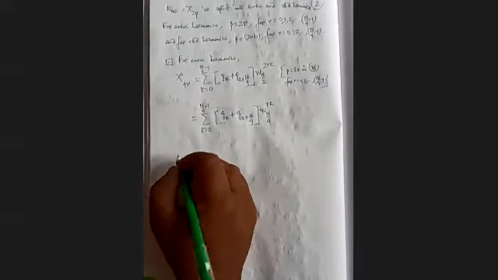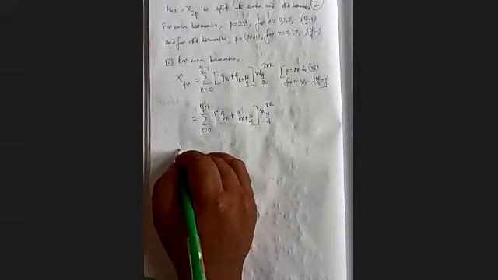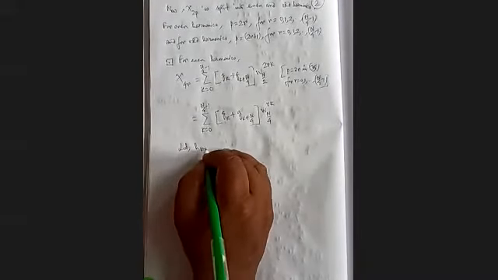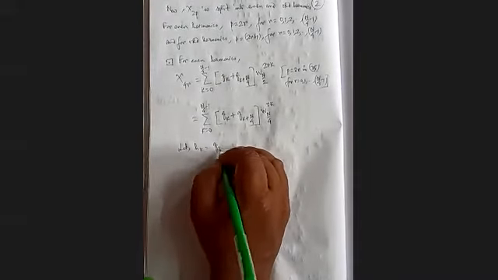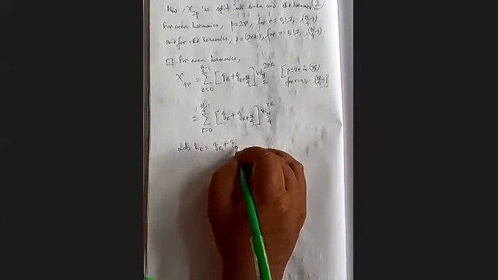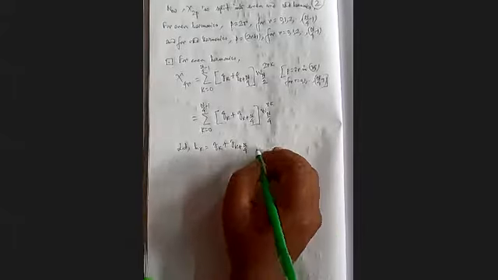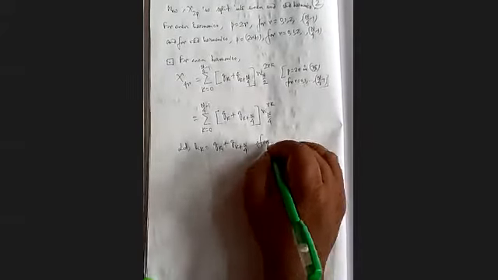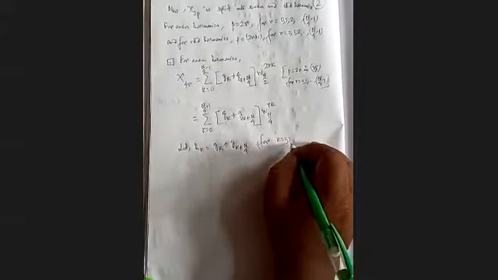Now let you put Hk equal to Gk plus Gk plus n by 4 for k equal to 0, 1, 2 up to n by 4 minus 1.